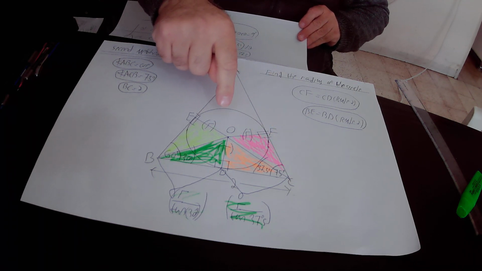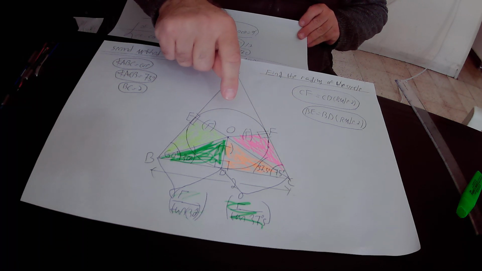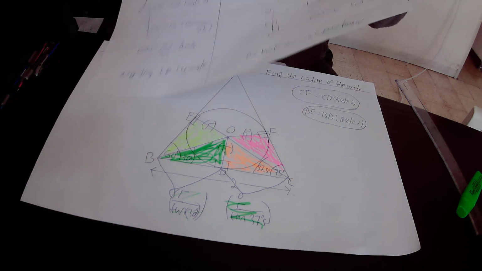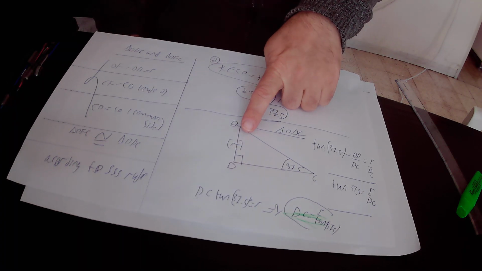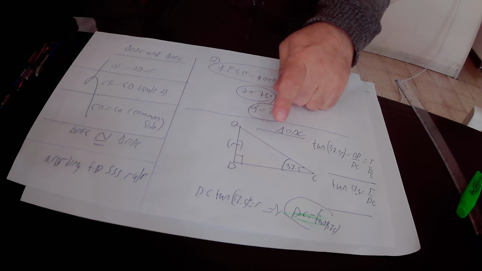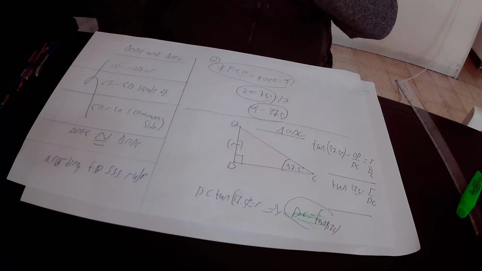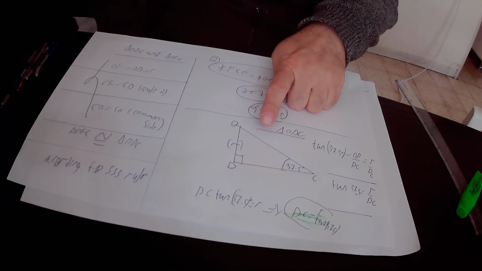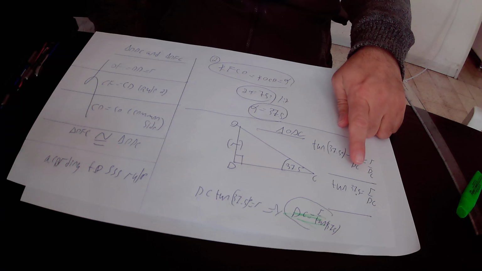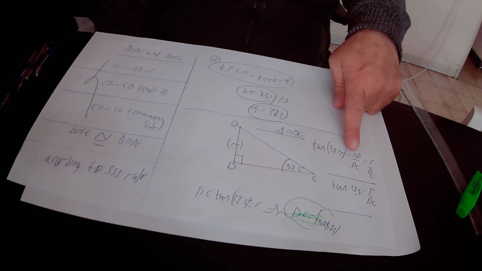Then I copied the right triangle ODC onto a new page, and we analyze this right triangle ODC that I copied from the original drawing. Side OD equals R, the radius of the circle, and this is the angle alpha that equals 37.5 degrees. In this right triangle ODC, tan 37.5 degrees equals OD over DC.